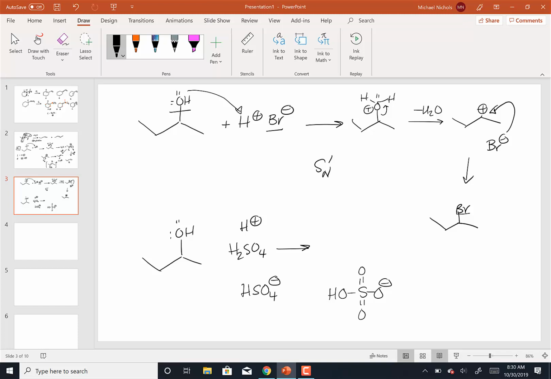So it's going to be a lousy nucleophile because it is a very weak base. It's a very weak nucleophile because it's very stable. You could make the argument that it's kind of sterically hindered too as a nucleophile. And we'll get to the steric hindrance of nucleophiles next week.